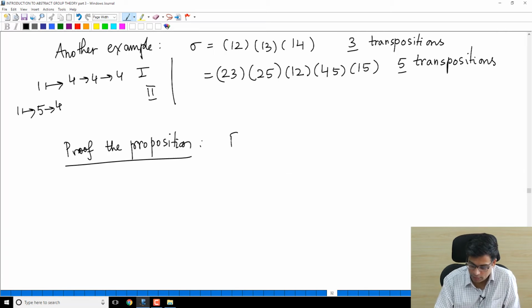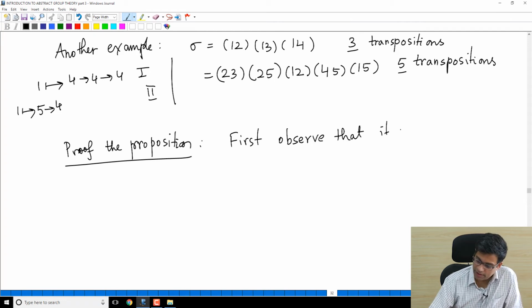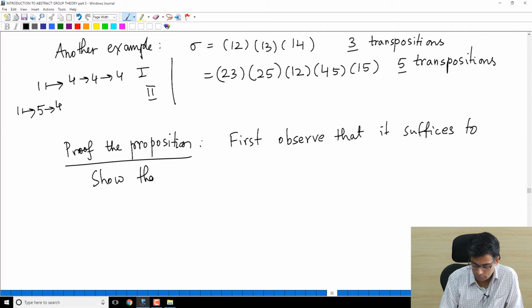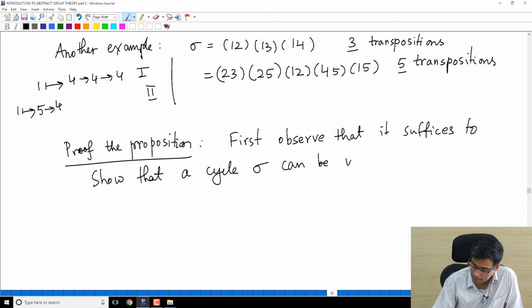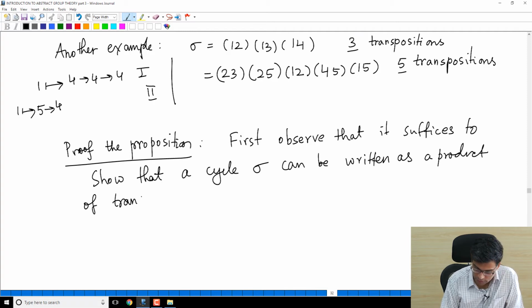First observe that it suffices to show that a cycle sigma can be written as a product of transpositions.